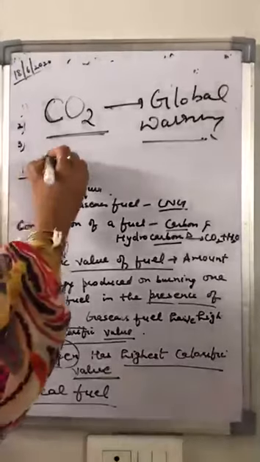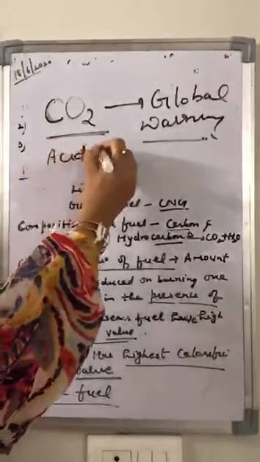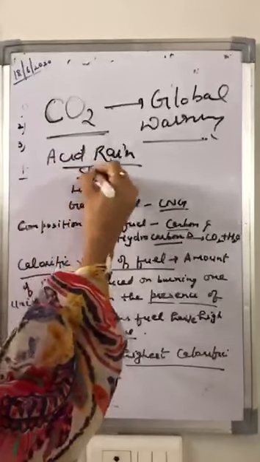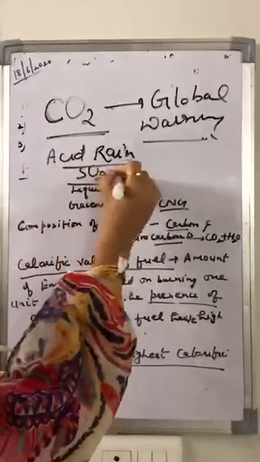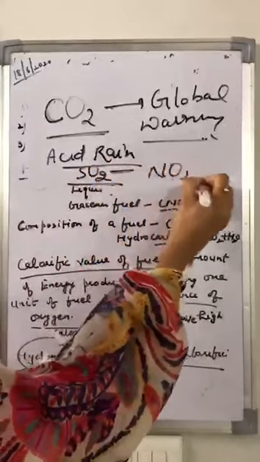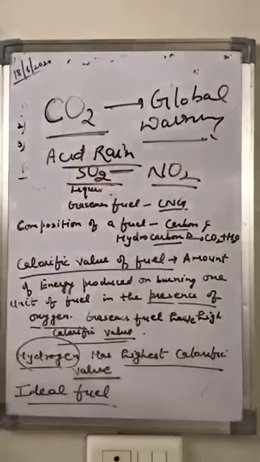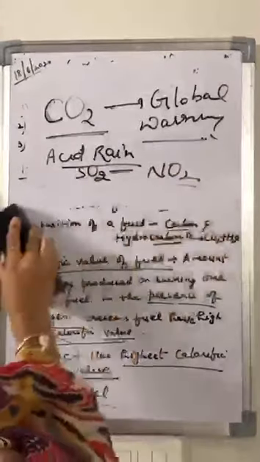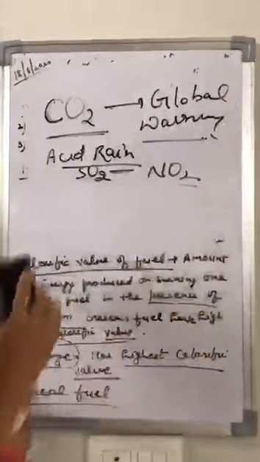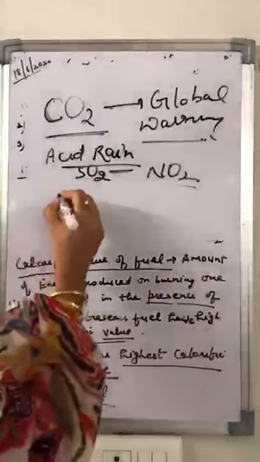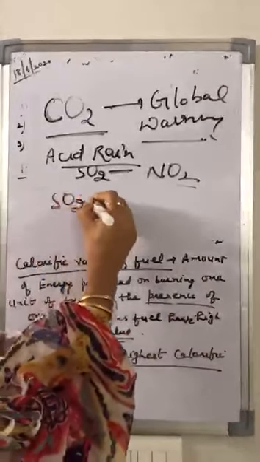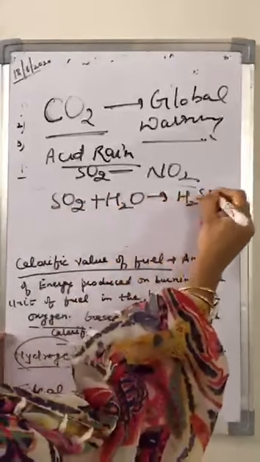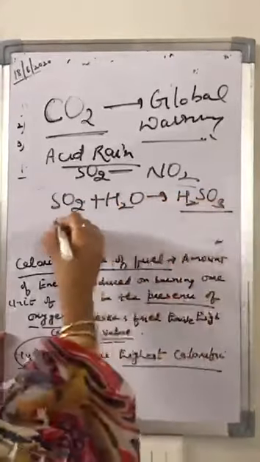Second is acid rain. When the vapors of sulfur dioxide gas and nitrogen dioxide gas are released in the atmosphere, they go to the upper atmosphere and combine with water vapor to form acids. SO2 reacts with water to form sulfurous acid, H2SO3.